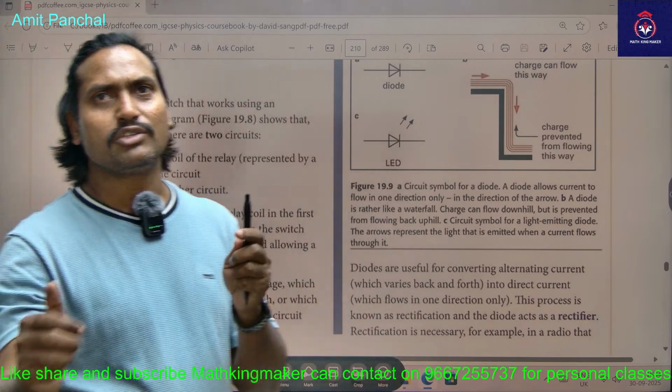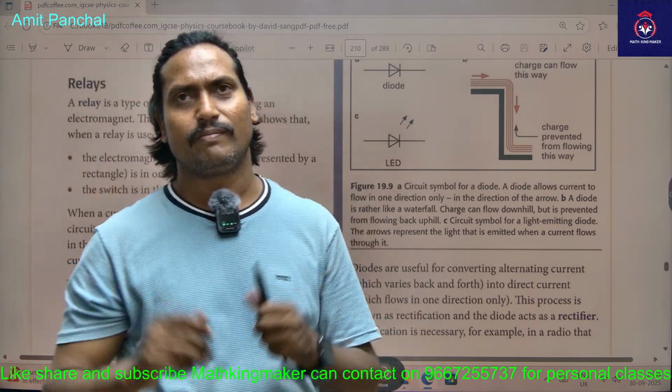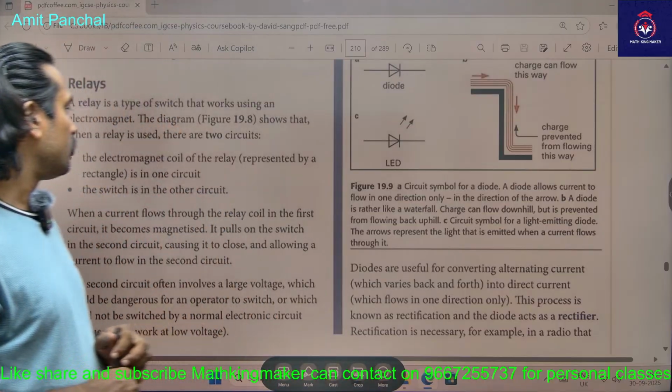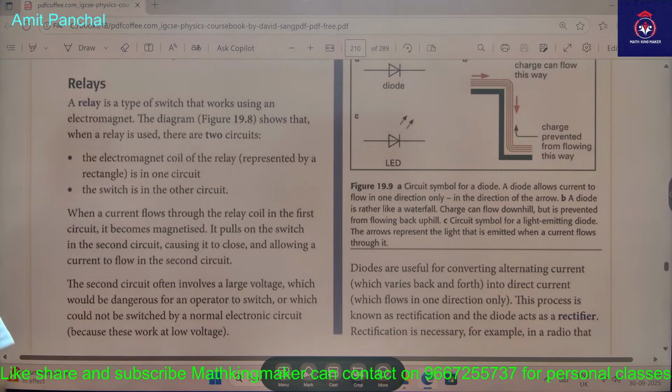As you release the switch, it goes back. So that is the task of a relay. A relay works on the principle of electromagnet.